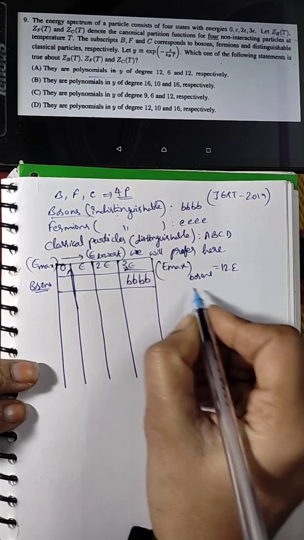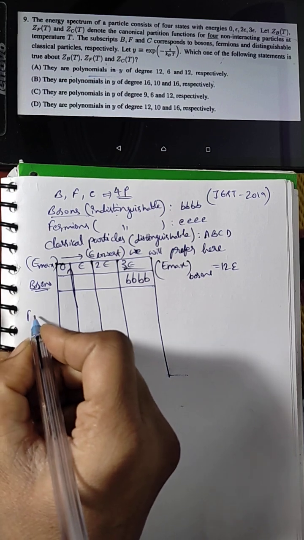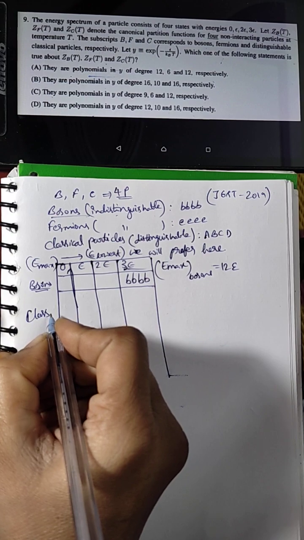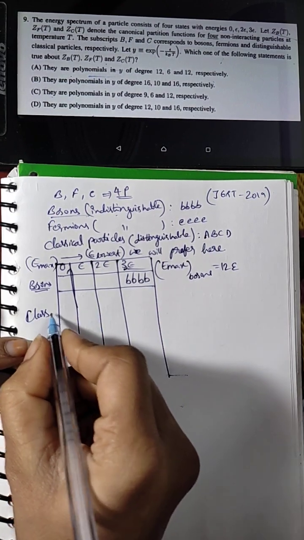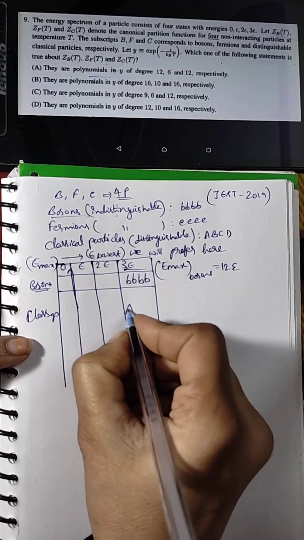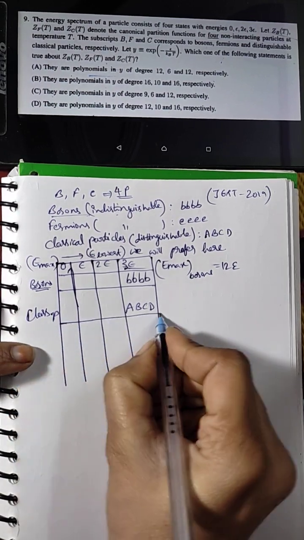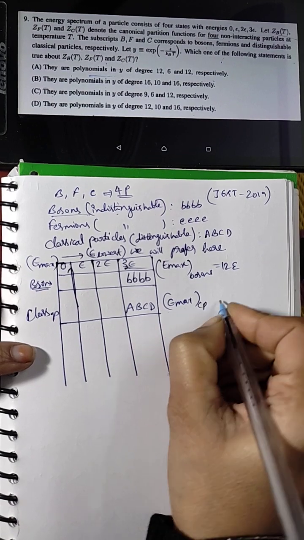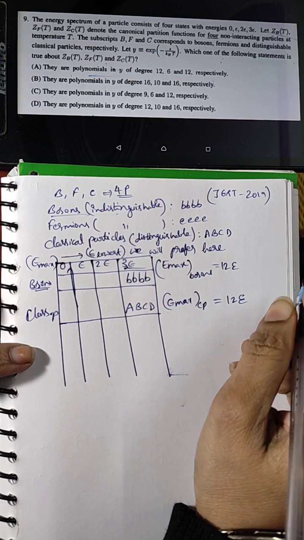Maximum total energy is 12E. Now for classical particles, any number of particles can take place in any state. So in the maximum energy level we can take all the particles here also. Maximum energy of classical particles is 4 times 3 is 12, 12E.